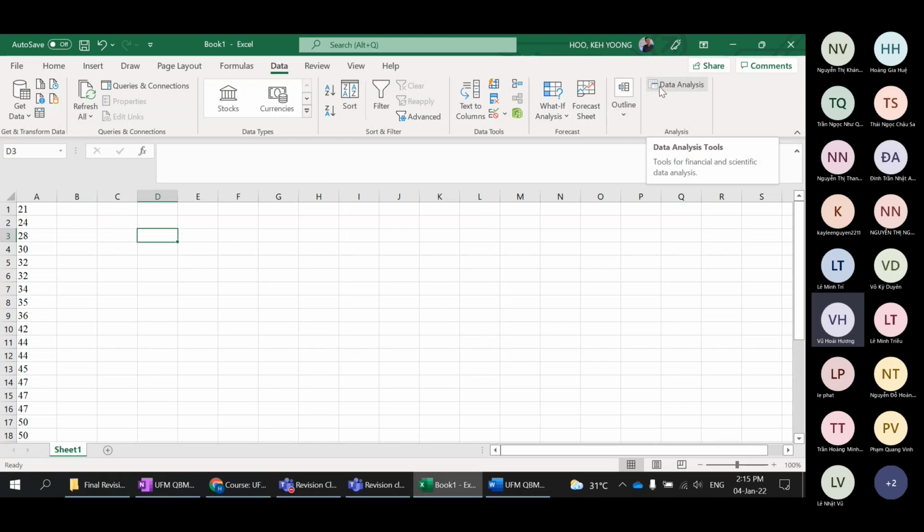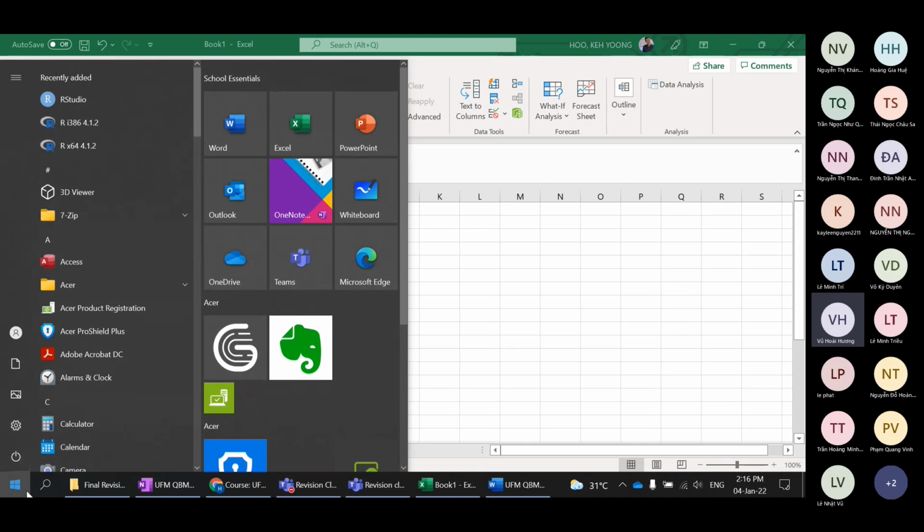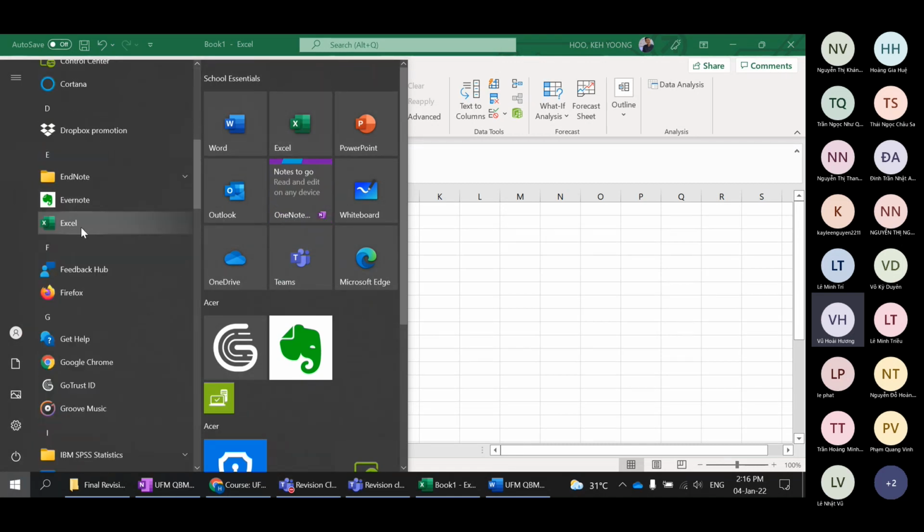How do we add it in? It depends on the version and the operating system you are using. Right now I'm using Windows 10, and I'm not sure what the version is.